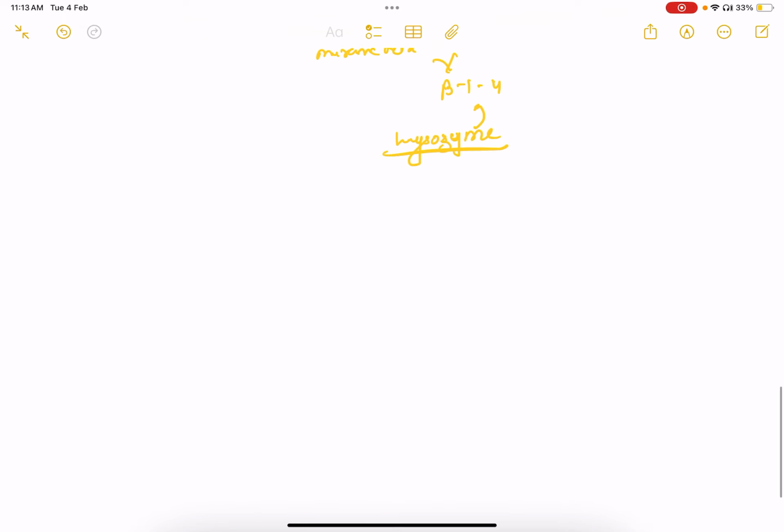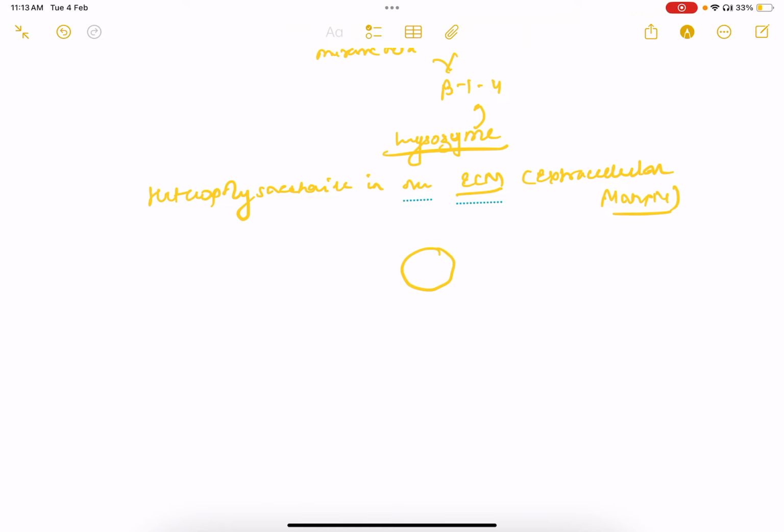Some other heteropolysaccharides are present in our ECM. What is ECM? ECM is our extracellular matrix. In our body, all the cells are held together in a space, that is the extracellular matrix.